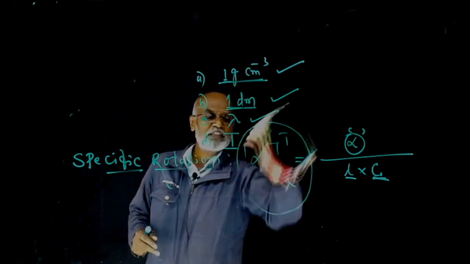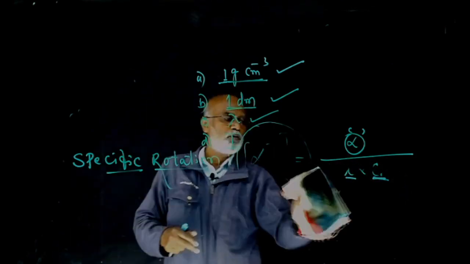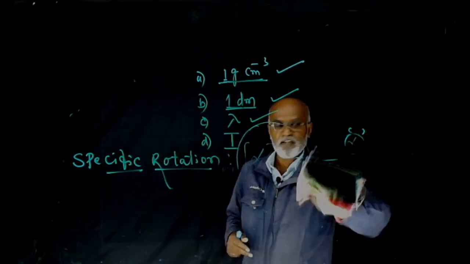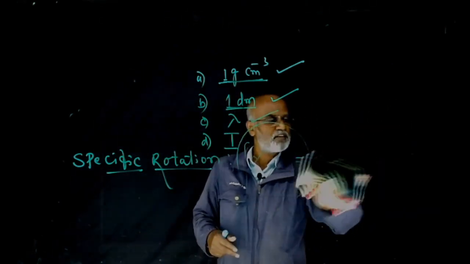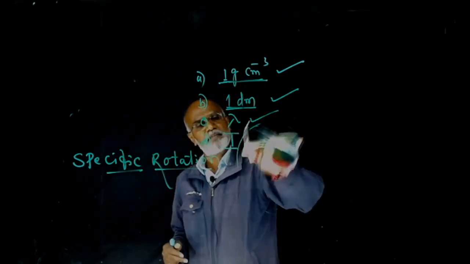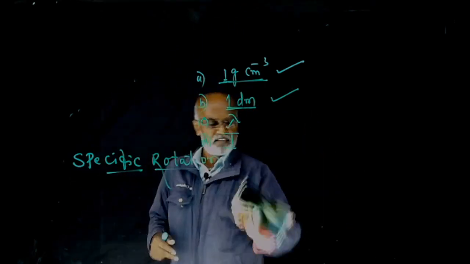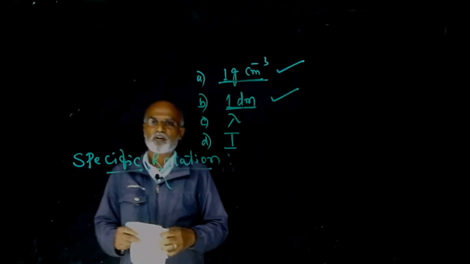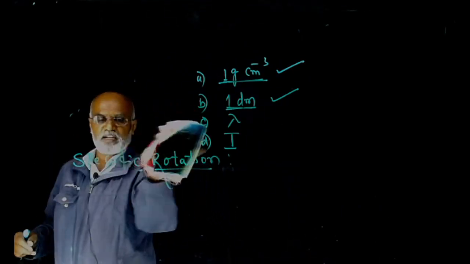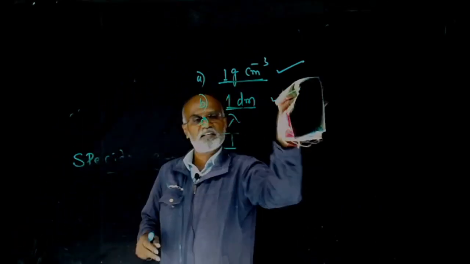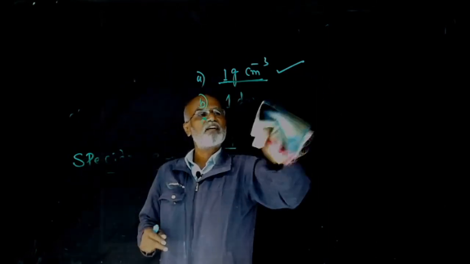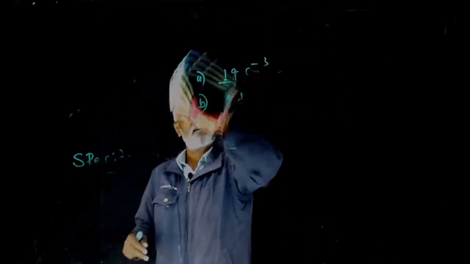So the specific rotation of any compound depends on these four factors. Specific rotation is simply defined as the angle of rotation caused by an optically active compound with a solution concentration of 1 gram per cm cube with a solution length of 1 decimeter for a given wavelength at constant temperature.